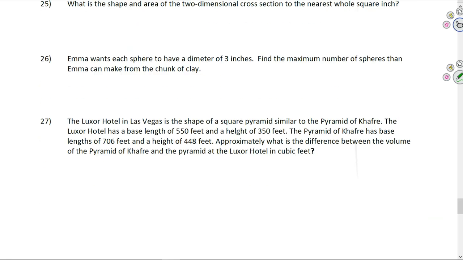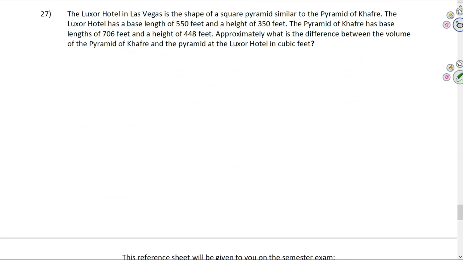Number 27, the Luxor Hotel in Las Vegas is the shape of a square pyramid. So here's a square pyramid. Similar to the pyramid of Khafre, I'm not sure how to say that. The Luxor Hotel has a base length of 550 and a height of 350.